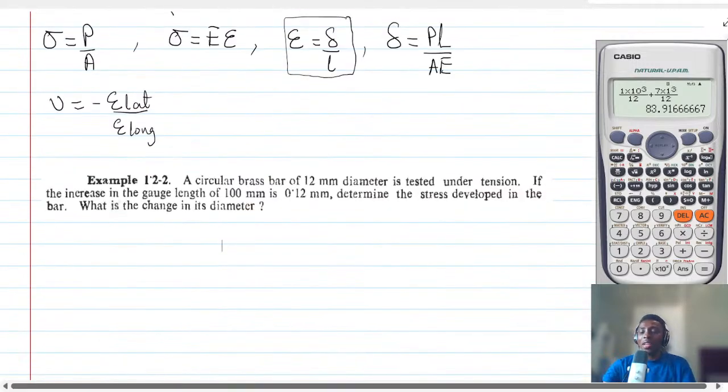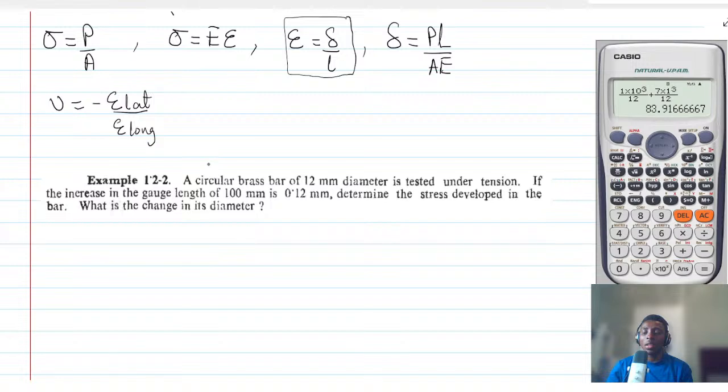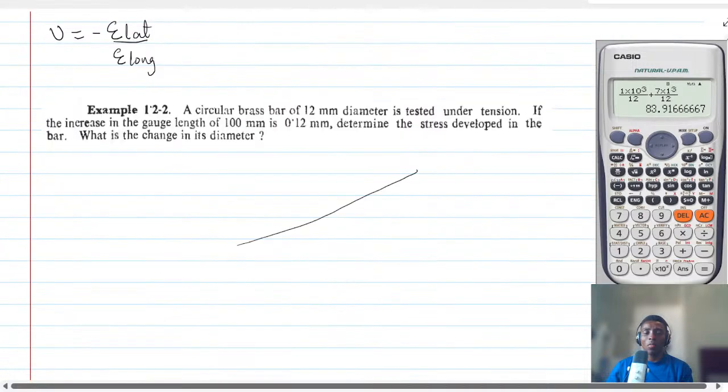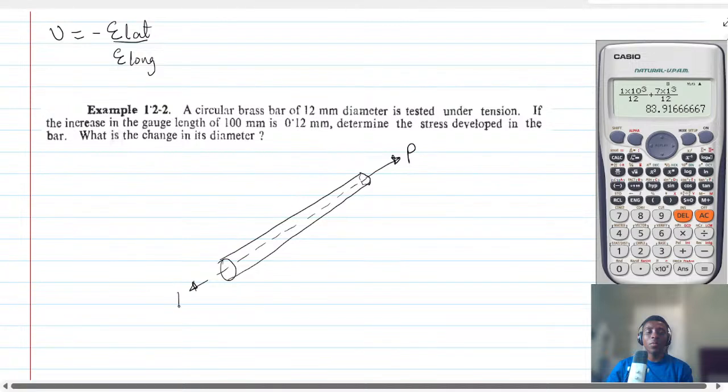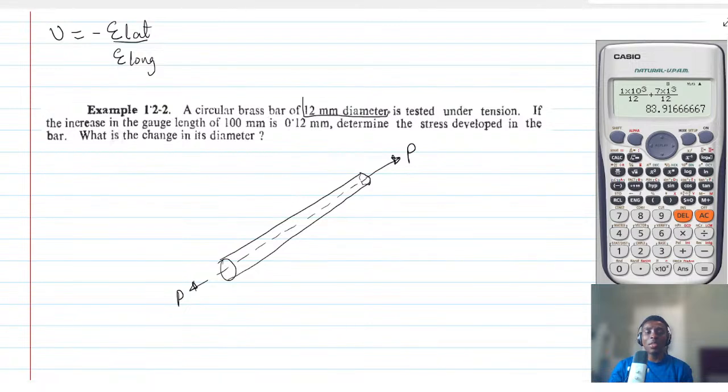Let's solve this example together. So what can you see? Maybe let me draw it again. Let's say you have something like this. This is P. So a circular brass of 12 millimeter diameter.